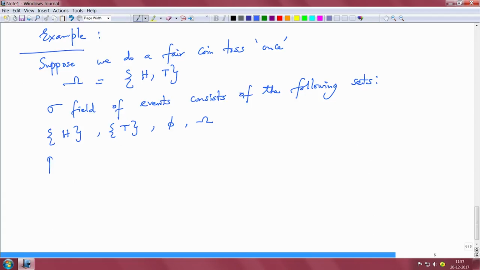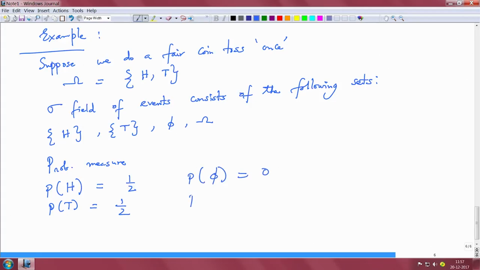And then we have the probability measure. The probability measure is basically a measure on this sigma field of events, right. So, the probability of the head, since it is a fair coin toss, is 1/2, and probability of tail is also 1/2, probability of a null set is 0, probability of the universal set is 1.